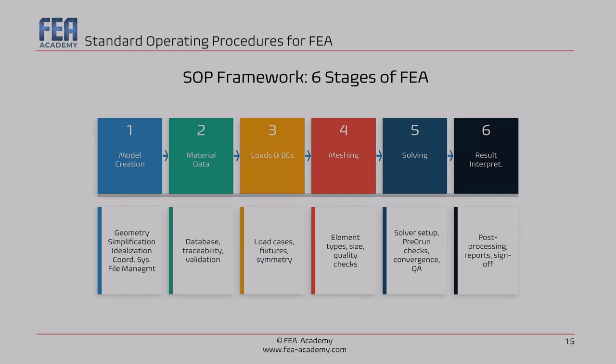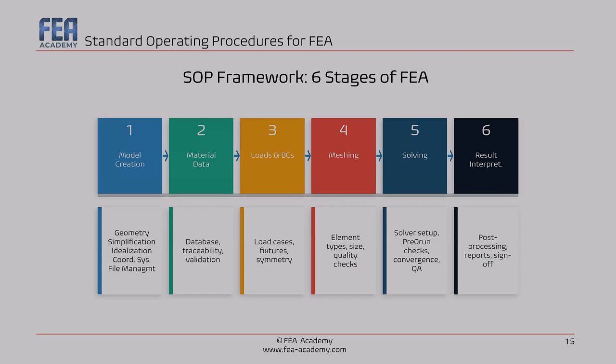So here you have to think of these 6 stages as a pipeline, not a checklist, a pipeline, okay? And it's important because with this pipeline analogy, it means that each stage feeds the next. Contamination introduced at stage 1 propagates through every subsequent stage.